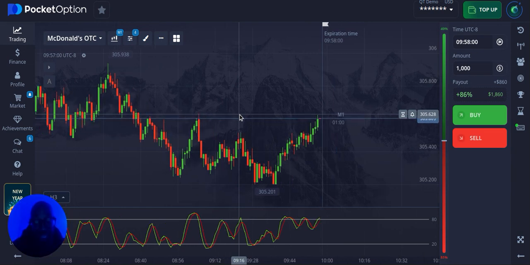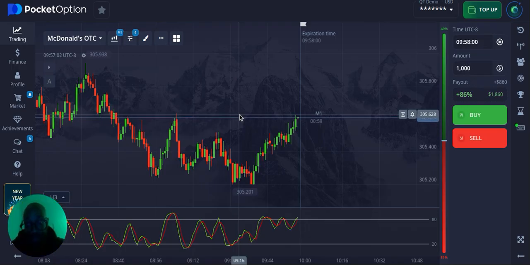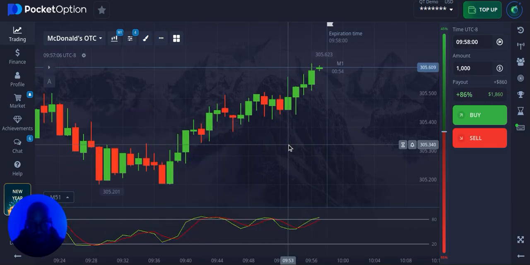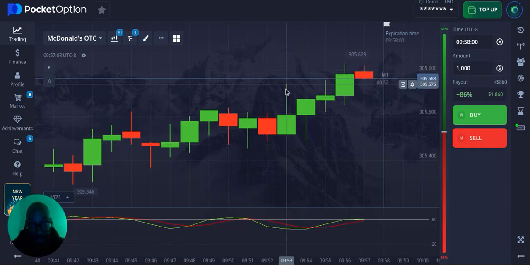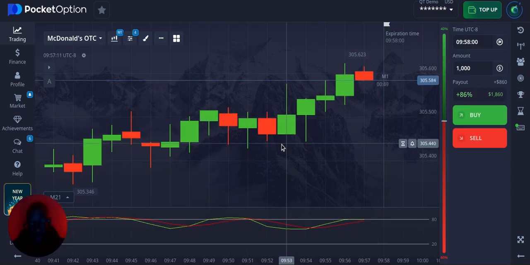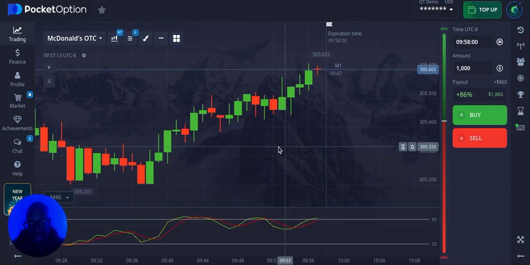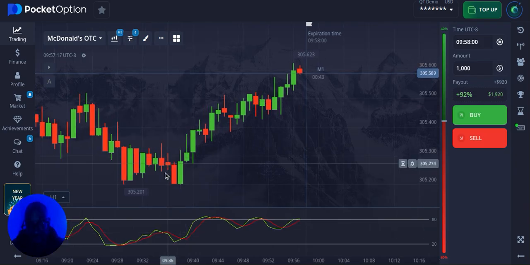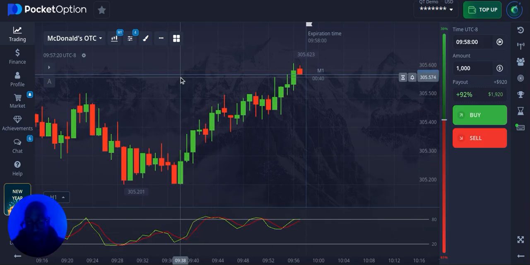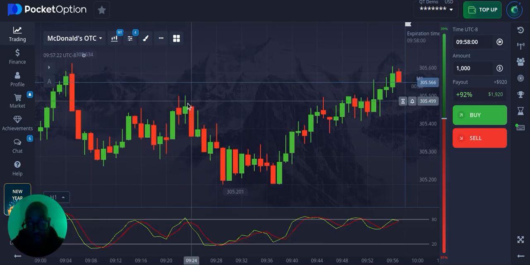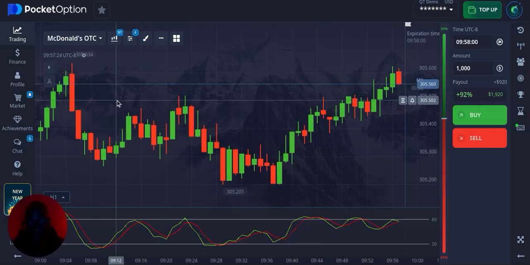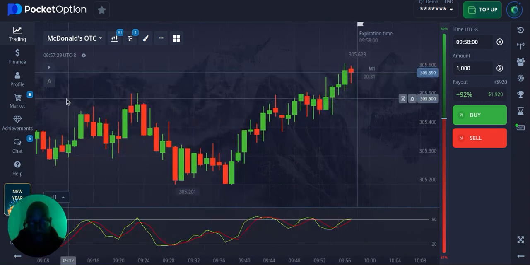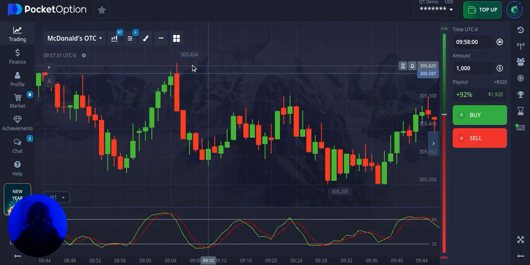You might have a hammer or a hanging man, which might look like this candle right here. You might have an engulfing pattern, like these sets of candles right here, and just to give you another example, right here.